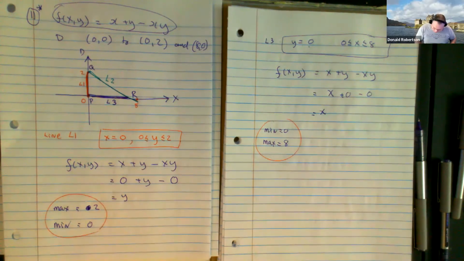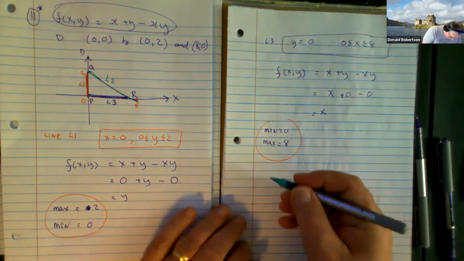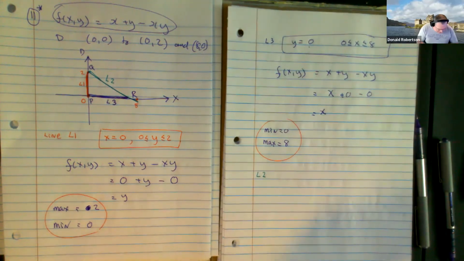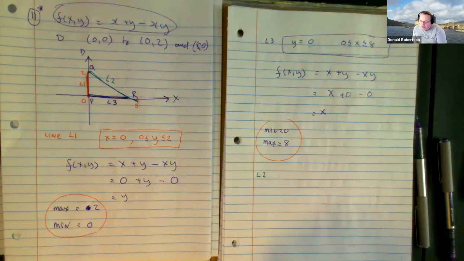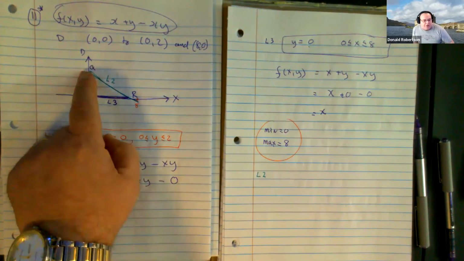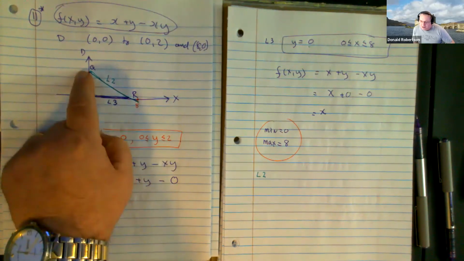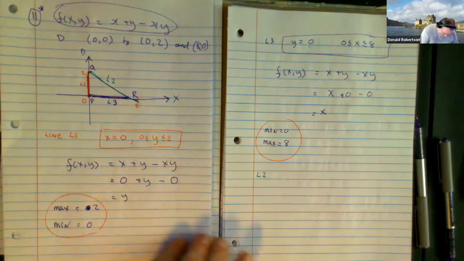Now, we still have one more line to do, which is the green one. And of course, I kept the best till last. Line L2 has an equation. It's this equation of a line. If you look at this line, would you agree that its slope is -1/4, rise over run? And would you also agree it passes through the y-axis at 2?